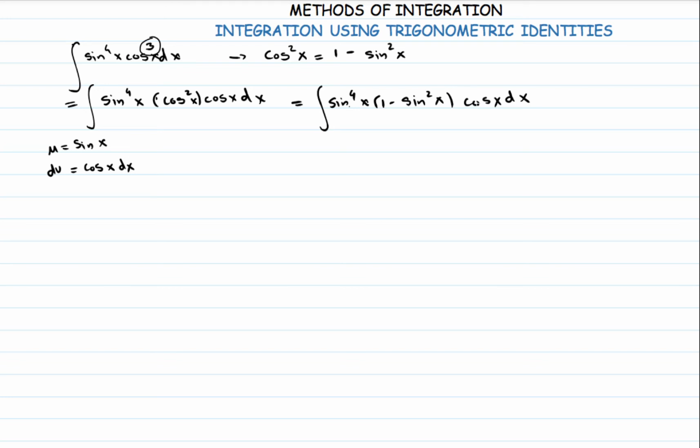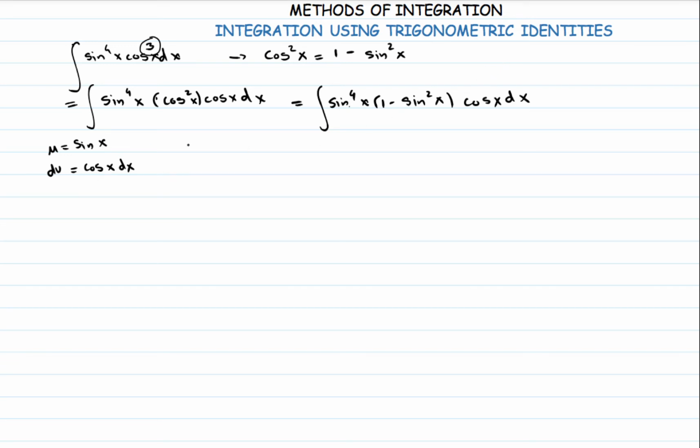We cannot take cos of x as u because then you would have sine raised to 4 dx, which is not possible. You cannot have that expression. But if we take sine of x, we can have cos of x dx, because there's no power here, so we're not going to have any power on du.